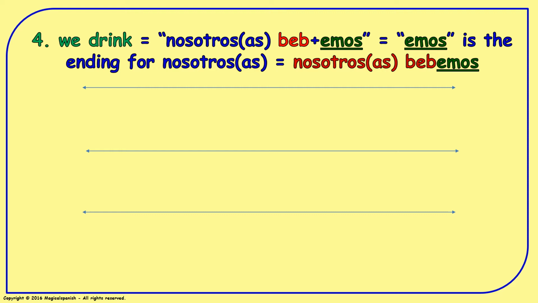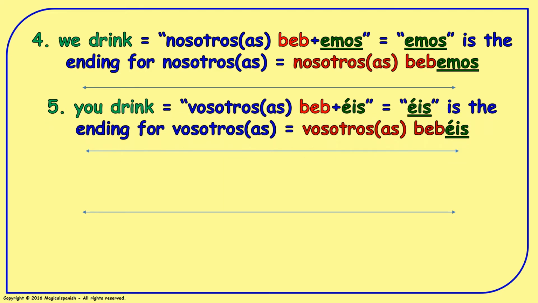Emos is the ending for nosotros o nosotras. Nosotros o nosotras bebemos. 5. You drink. Vosotros o vosotras bebéis. Éis is the ending for vosotros o vosotras. Vosotros o vosotras bebéis.